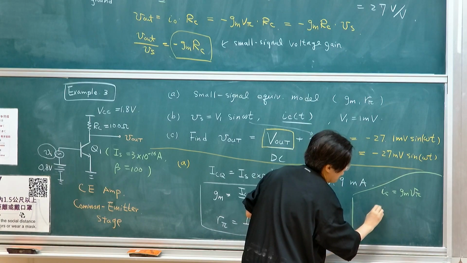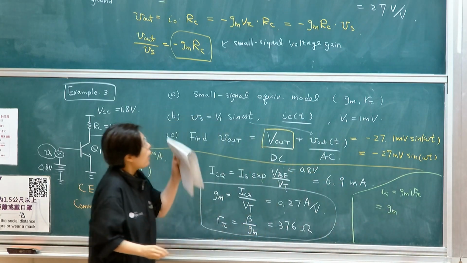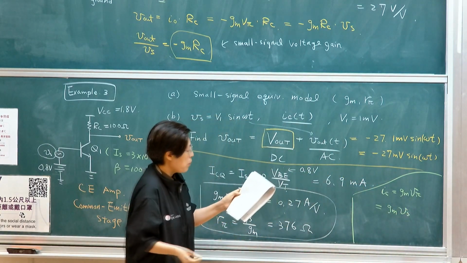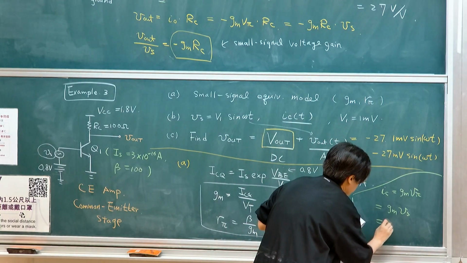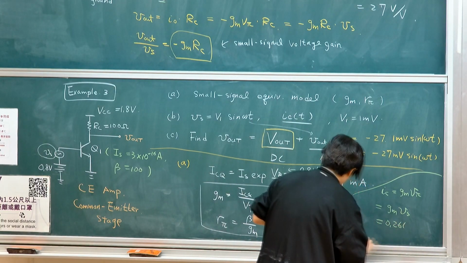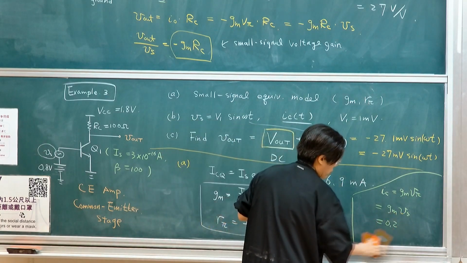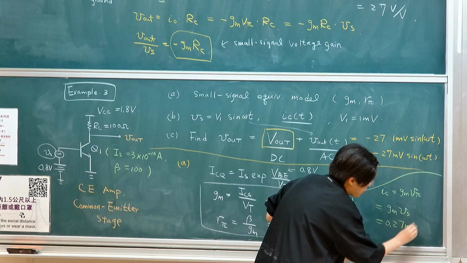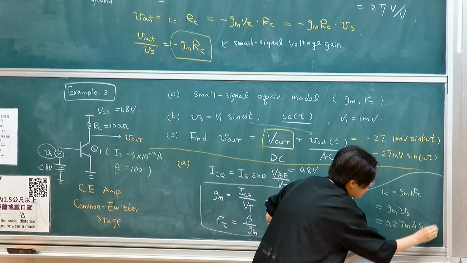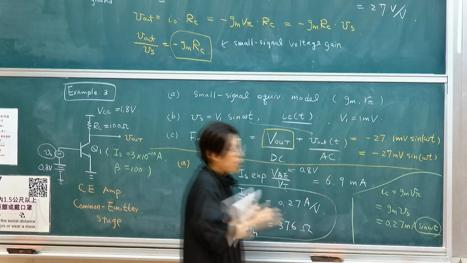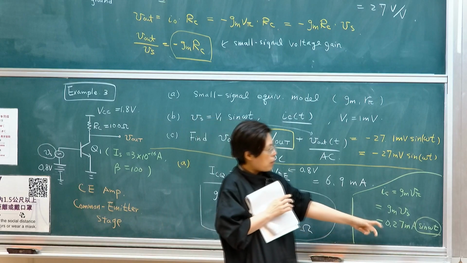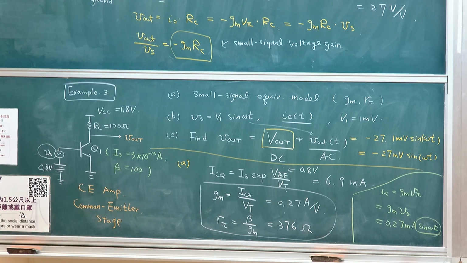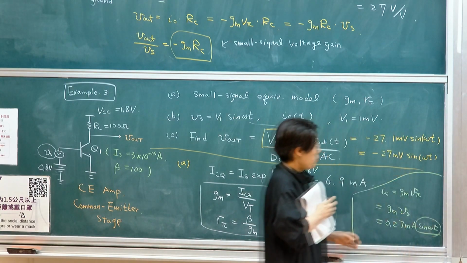And we know that v pi is vs. So you simply insert the number, and then we get it to be 0.266, about 0.27 milliamp. This is just to show you that by modulating the collector current, this is how much one modulates the collector current, and it will then be reflected in the output voltage. Okay? Good?